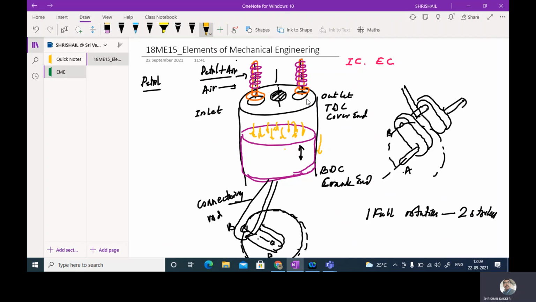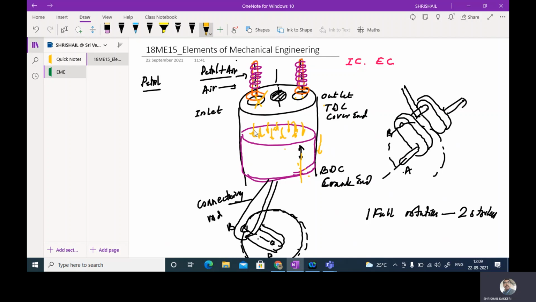And at the end of the stroke, the exhaust valve will be opened, and the combustion products will not be let out to the atmosphere. The pressure of these combustion products will fall to the atmospheric pressure. Now the next stroke is the expelling stroke or the exhaust stroke. During this exhaust stroke, the inlet valve is already closed, the exhaust valve is opened, and the piston starts to move from the BDC to the TDC.